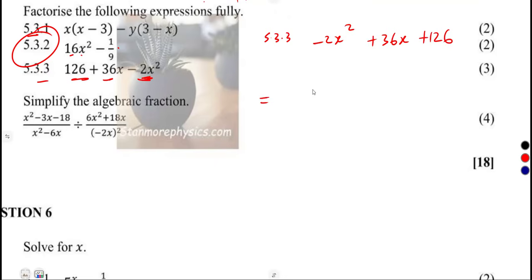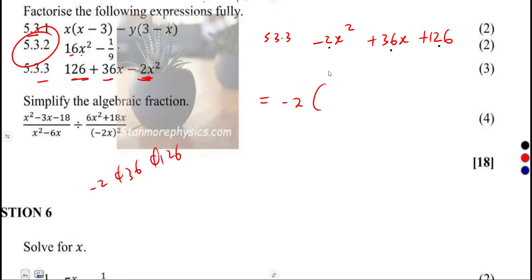As you can see, before we consider that the highest power is 2, we can factor out the highest common factor between these numbers, the constants. That's also avoiding working with a negative. So factor out negative 2, the highest common factor between negative 2, 36, and what?